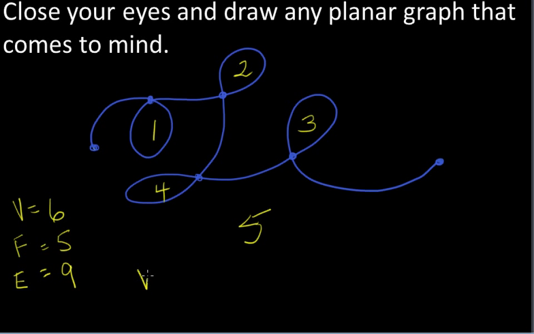And sure enough, v plus f minus e is equal to 2. So we have another example, and we should be pretty convinced that this is true. But one of the beautiful things in mathematics is that you can actually prove it. You don't have to do too many examples when you decide something is true. Hopefully you can prove it mathematically that it's true for all.